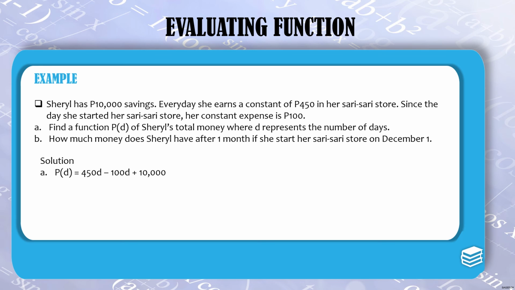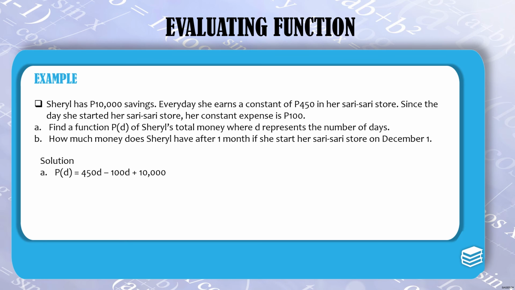Ang initial natin is 10,000. So, ano yun? Constant, fix yon. 10,000 ang savings niya, original na pera niya yon. Hindi nadadagdagan, hindi nababawasan, nandun lang sa kanya. Nakatago sa kanyang baul. Pero, ang nababago kasi, per day na kanyang kita ay itong 450D minus 100D.